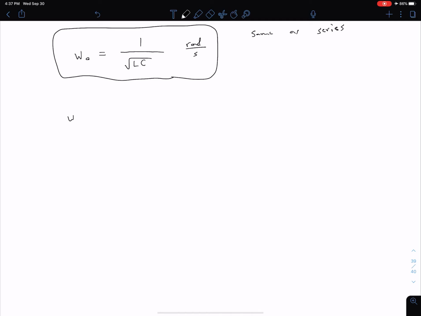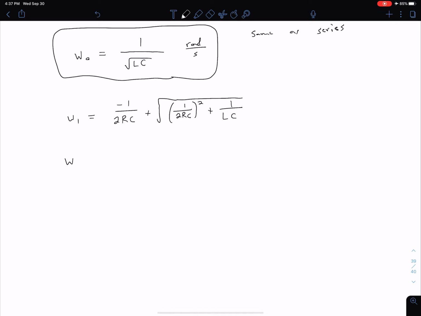So we have equations for our two half power frequencies, omega 1 and omega 2. For omega 1, we have that it is negative 1 divided by 2RC plus the square root. And in that square root, we have the quantity of 1 over 2RC squared plus 1 divided by LC.